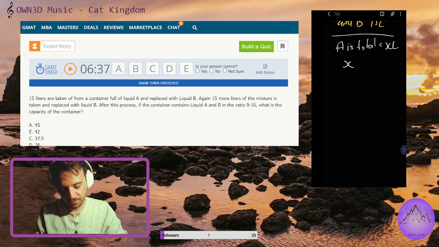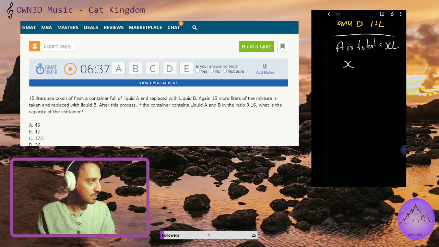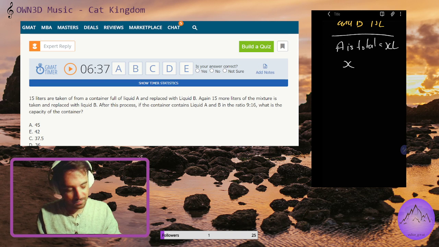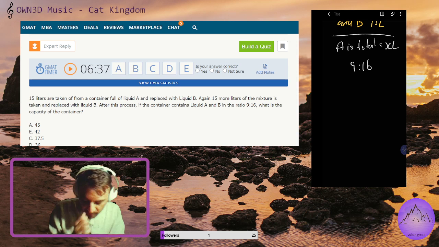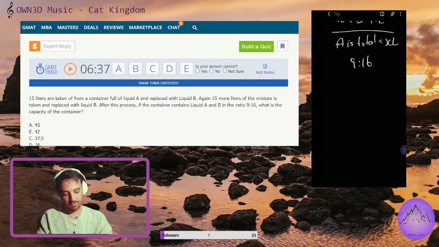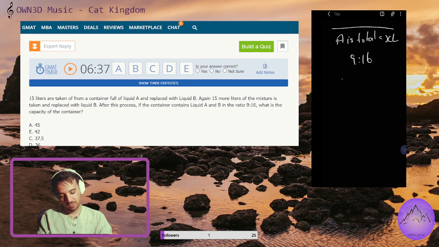And then we also know that at the end of this whole 15 liter removal process, the end result will be in the ratio of 9:16, which means of the end, A will be 9 out of 25 total parts.